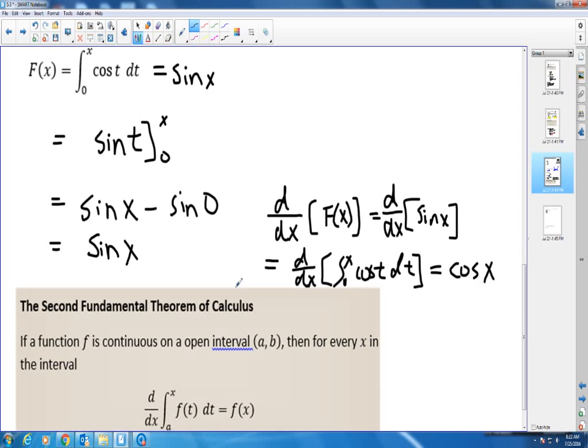Think about it. My answer here is sine of x. If I take a derivative of sine, it will actually give me cosine.